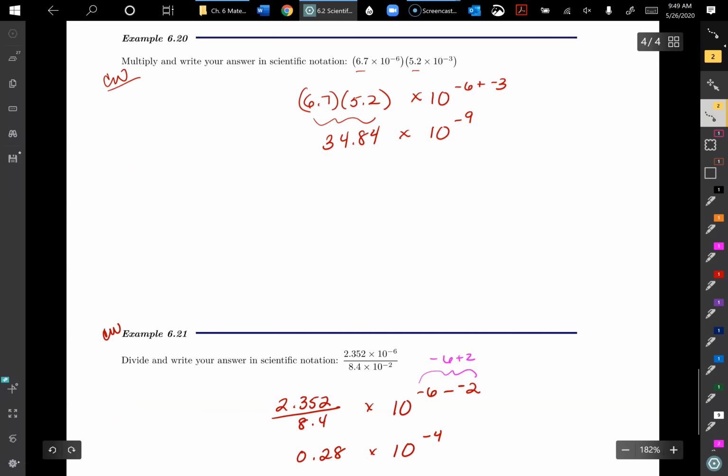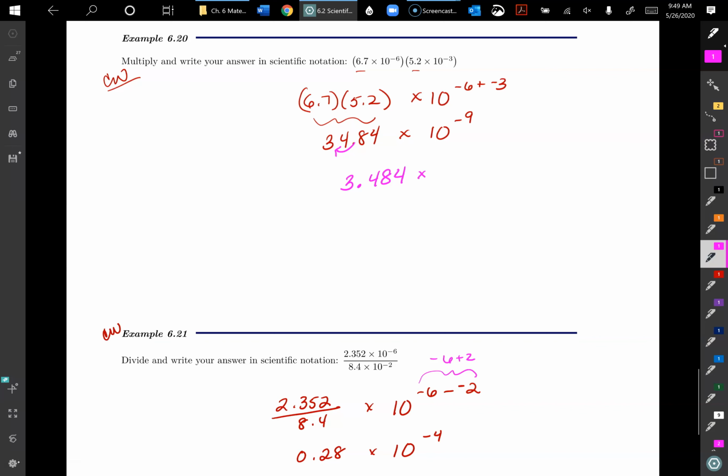Okay, so you can see my answers here. I just multiplied the A values, then multiplied by the exponential. I have 10 to the negative 6 plus negative 3, so I get 10 to the negative 9. So I end up with 34.84 times 10 to the negative 9. This is not in scientific notation because it's larger than 10. So I have to make a little adjustment here. If I divide by 10, basically shifting left, to make that be 3.484, then obviously I need to do something over here, right?